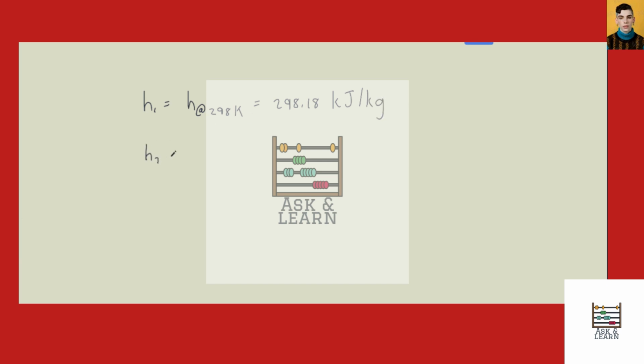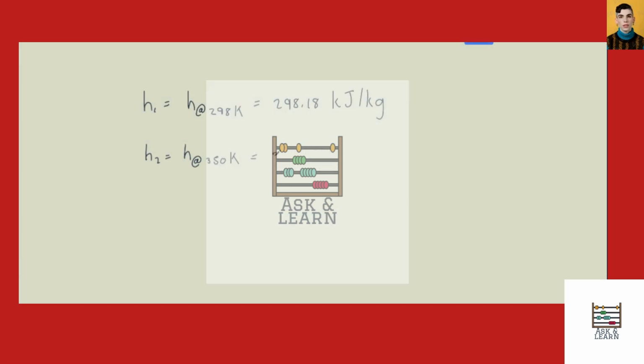The final enthalpy of the system, h2, is equal to the enthalpy at the temperature T2, which is 350 Kelvin. And again, from our tables, this is 350.49 kilojoules per kg.